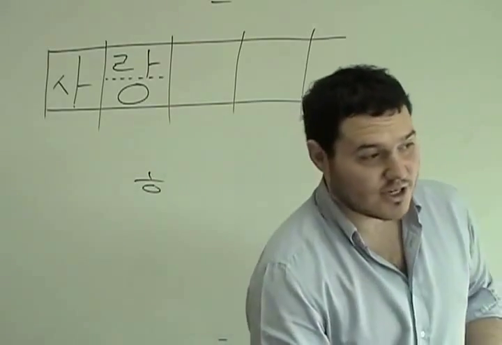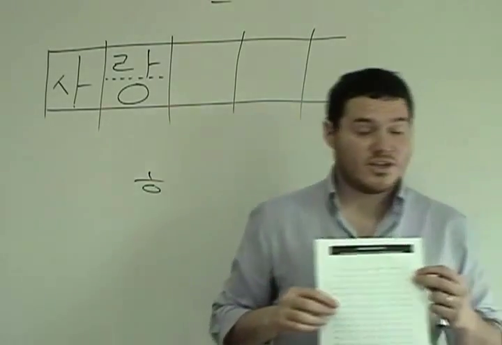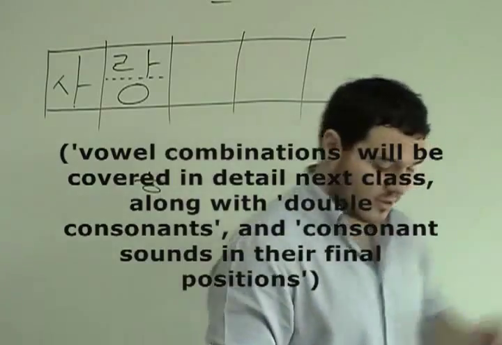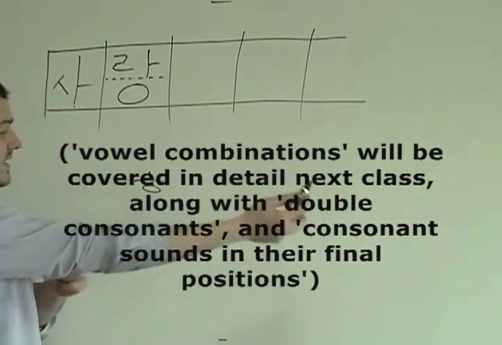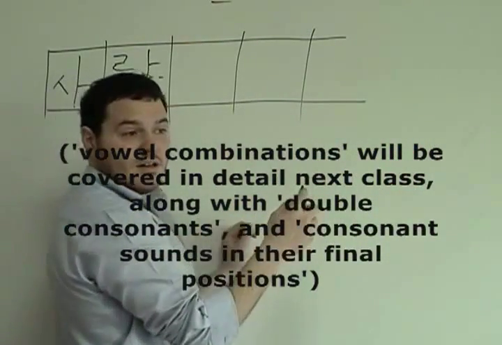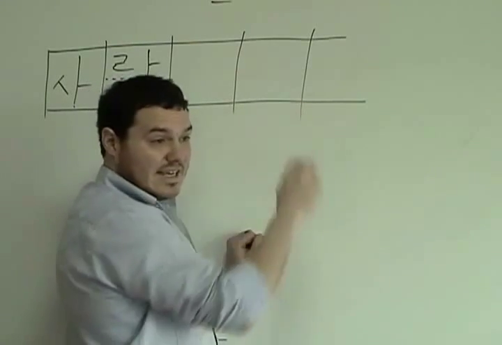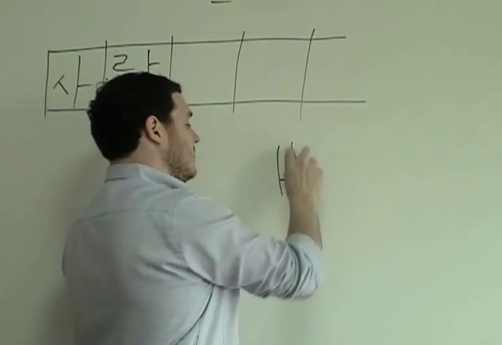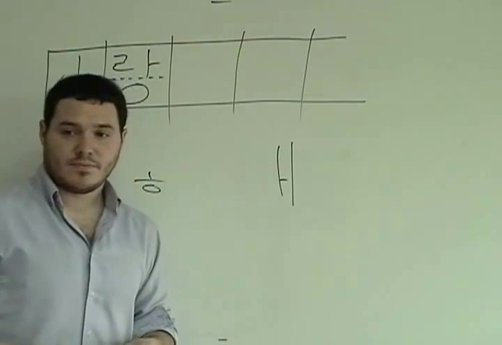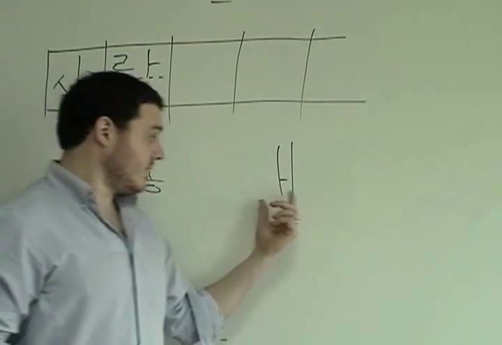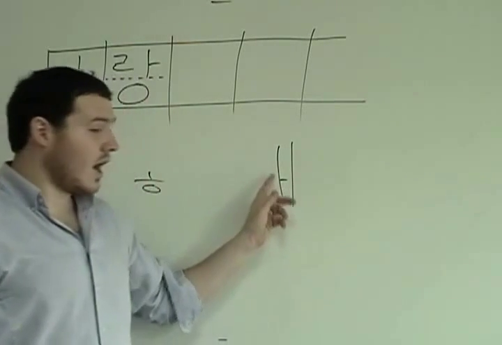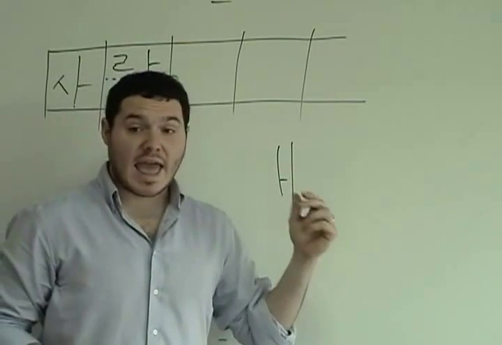Okay, we haven't learned an E. E is a vowel combination we'll get into next time. But good introduction here. What it is is an A and an E. This A and E will sound like E.